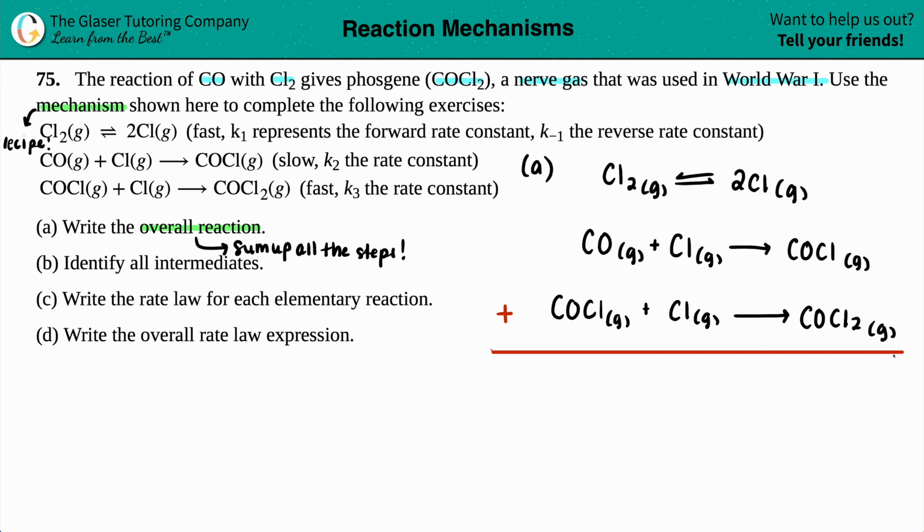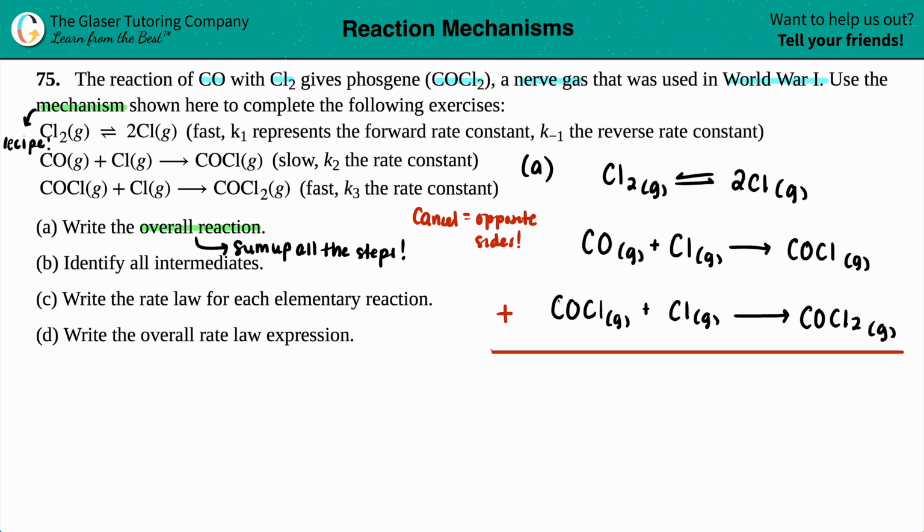What you're basically going to focus on is canceling stuff out that is on opposite sides. And if you have anything that's on the same side, you will add them. So anything between the left side, it doesn't matter what step it is, 1, 2, or 3, and on the right side that are identical.